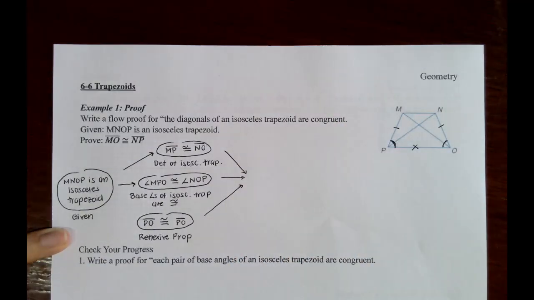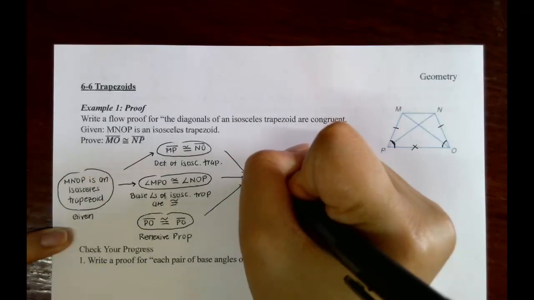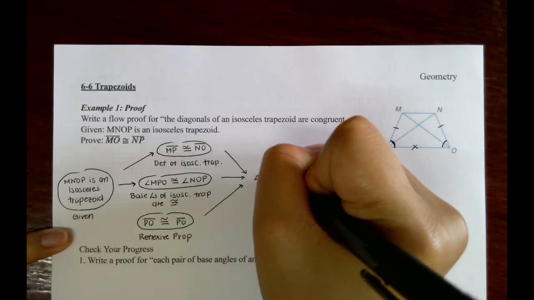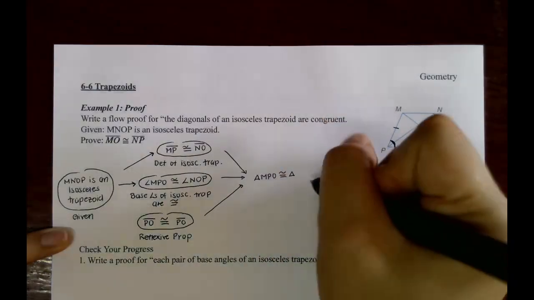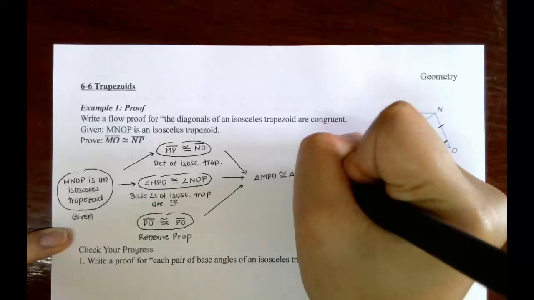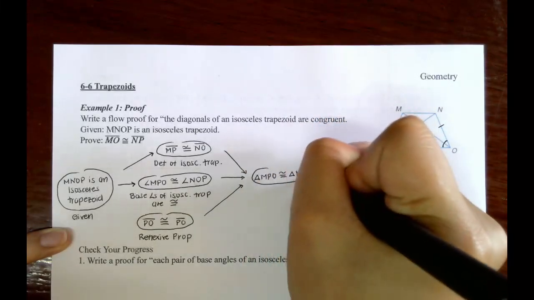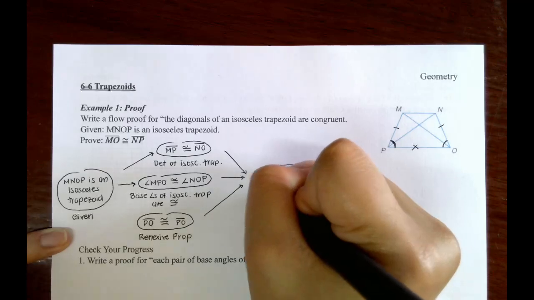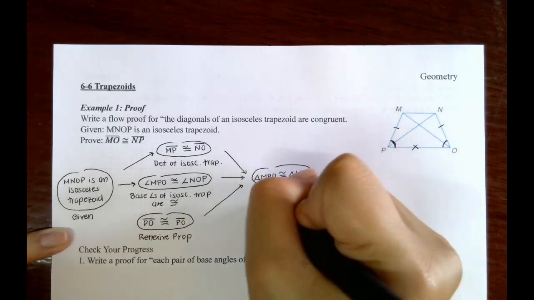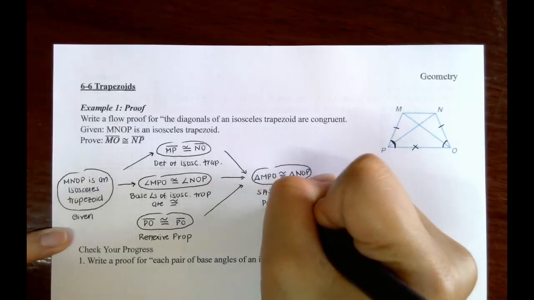All three of these things tell me that triangle MPO is congruent to triangle NOP, and that comes from the side-angle-side congruence postulate.